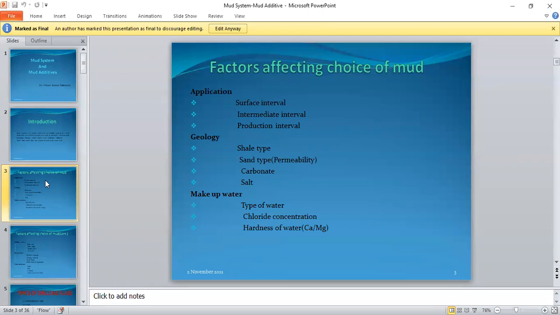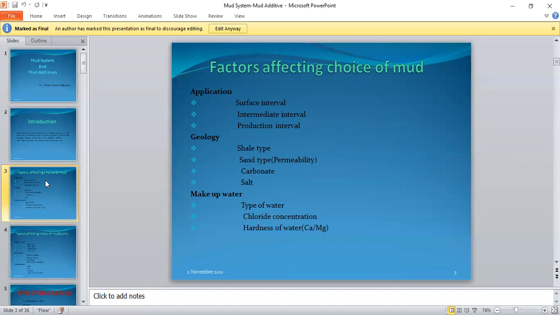Your formation, is it calcium carbonate? If it is calcium carbonate you're drilling through, what kind of mud will you use? Oh, I may want to use OBM. Is it deep? Is it intermediate? Is it the production zone? Also, if you know that there is salt in that formation, what kind of mud will you use? Will you want to use OBM or will you want to use WBM?